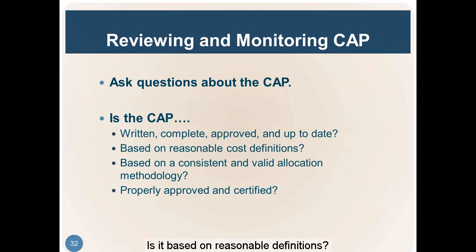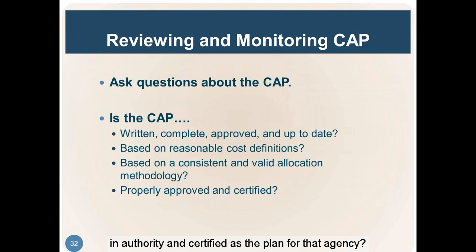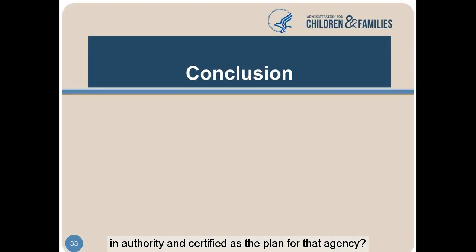Is it based on reasonable definitions? Are they consistent and valid in terms of the methodology used? And of course, has the cap itself been properly approved by someone in authority and certified as the plan for that agency?